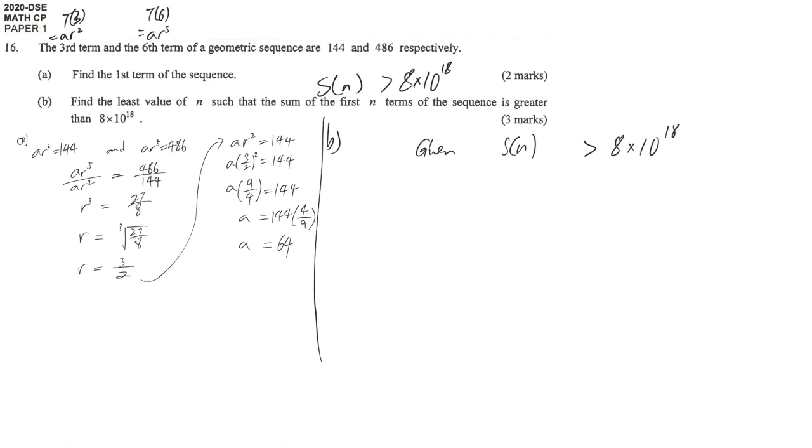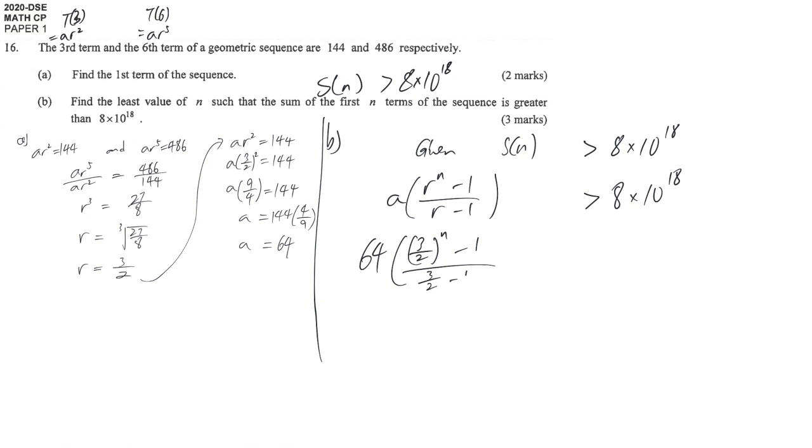It's quite straightforward, just simply use the formula. A times r power of n minus 1 over r minus 1 is larger than this amount. And then update the information about a and r. We get 64 and then 3 over 2 power of n minus 1 over 3 over 2 minus 1.